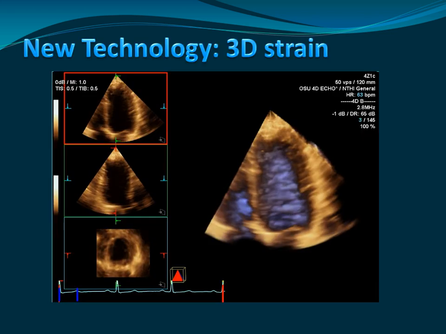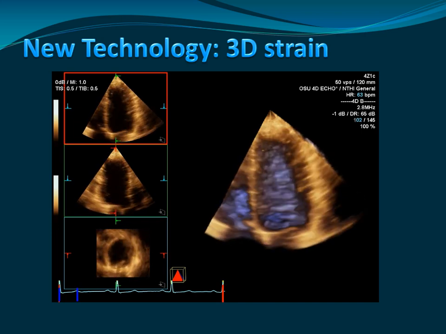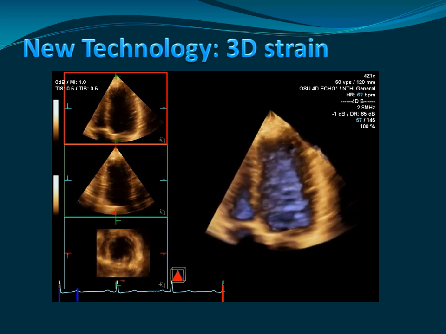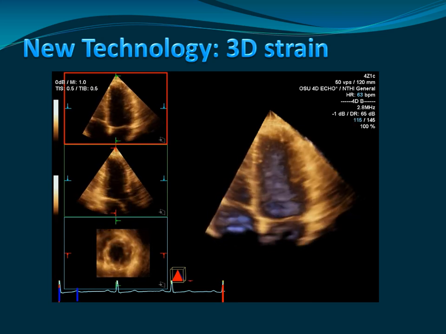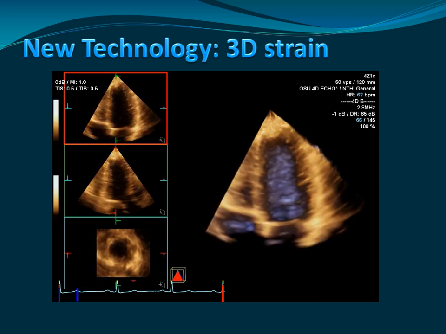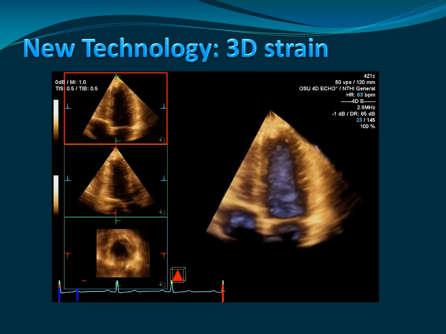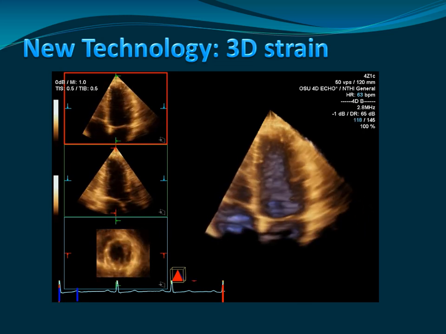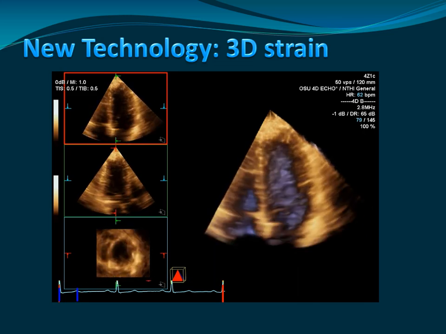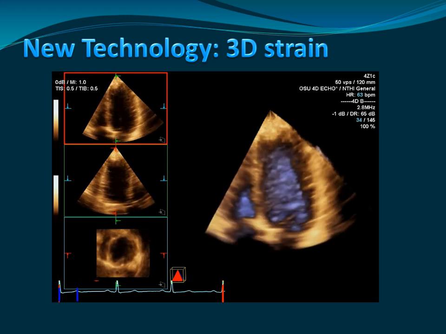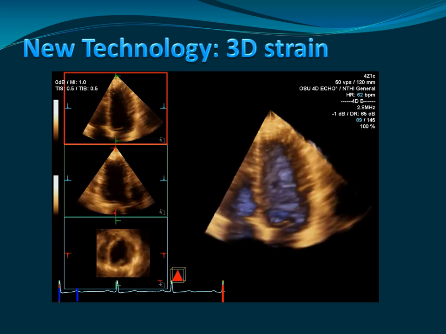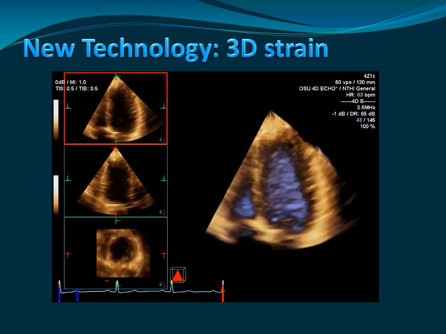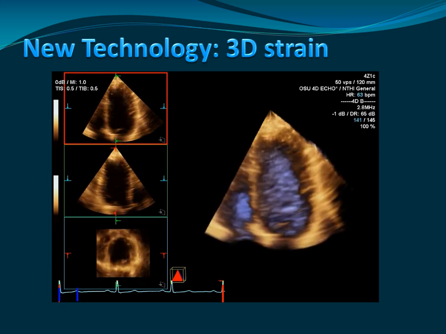anticipate reduction of strain. Another way to do that is, of course, in 3D. Various machines have the ability to do 3D strain. They can do it by taking a 3D image and then downgrading to the regular 3-chamber, 2-chamber, and 4-chamber views and doing the strain from all of these, or actually calculating the principal strain in the direction of contraction, like we've seen here.